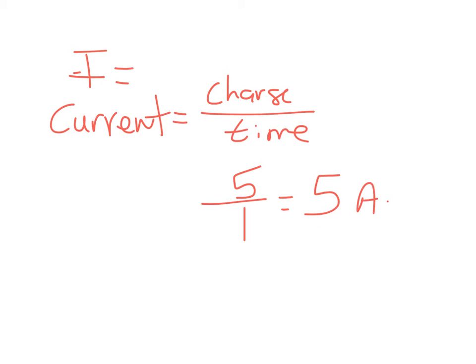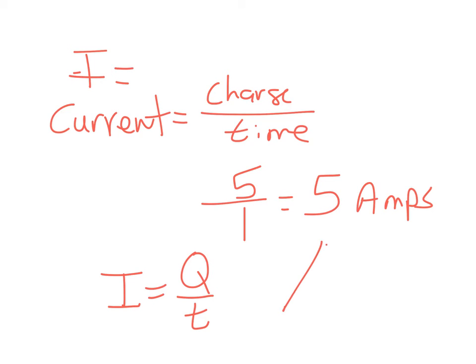So the current is 5 amps, or 5 coulombs per second. Current is measured in charge divided by the time. Q stands for charge. Remember, that's measured in coulombs. Current is measured in amps. Time is measured in seconds. So it's a couple of things that we need to think of and remember.